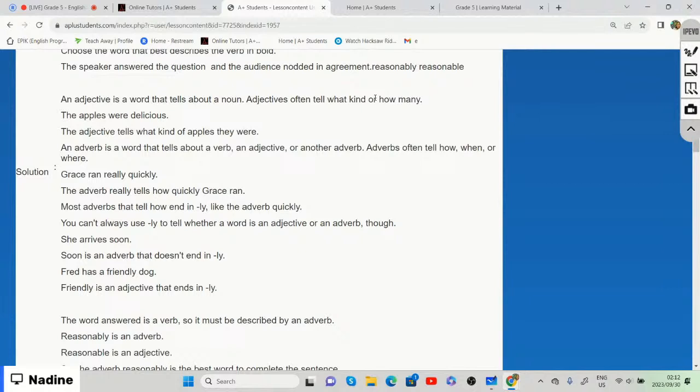Especially adjectives: they describe the noun. We can even say the beautiful dress, the red dress, the black dress.